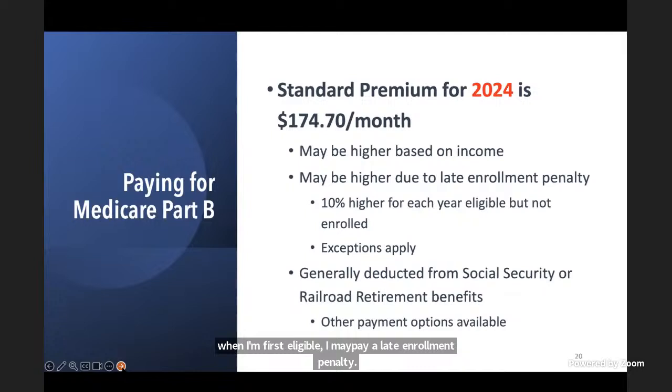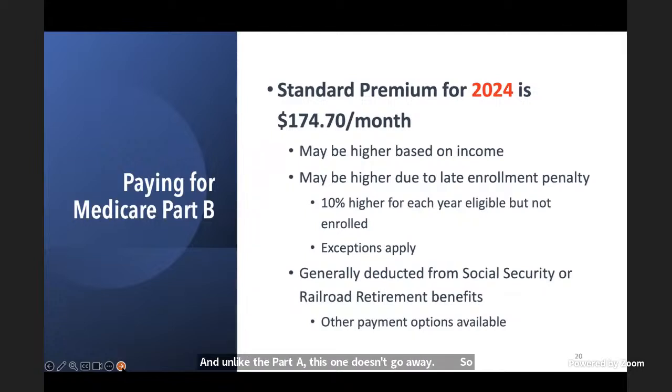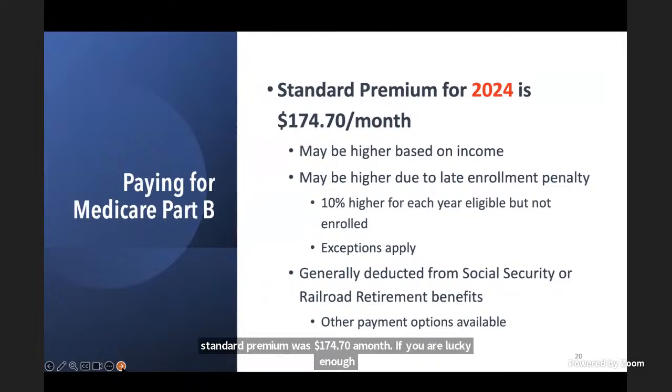So in 2024, again, the numbers aren't out for 2025 yet. The standard premium for Medicare Part B was $174.70 a month. Now, if you are lucky enough to make over $100,000 as an individual or $200,000 as a couple, you may pay a higher monthly premium based on your income.